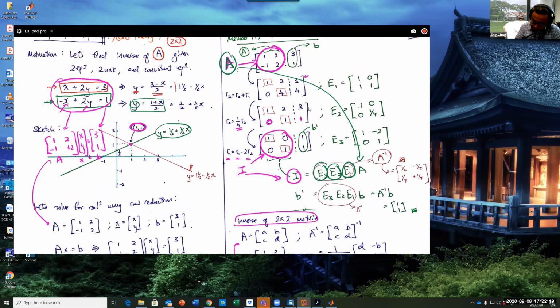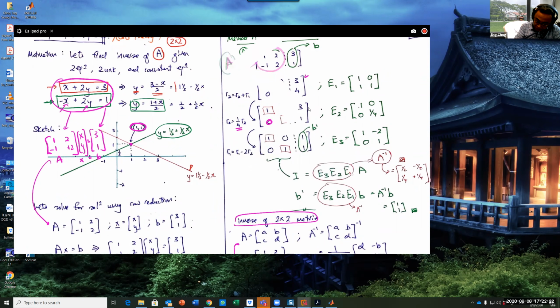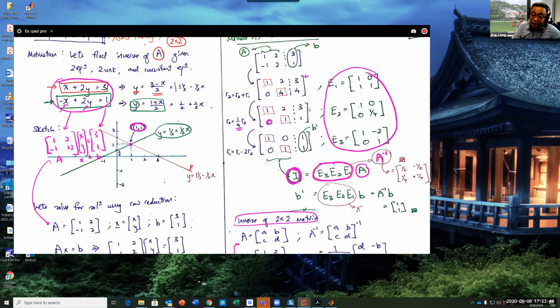Now, once you have done this, there's an interesting takeaway: the identity is here, this is A, and therefore these three grouped together are A⁻¹, the inverse, because that's the property of the inverse. The inverse multiplied by A will be identity. So you can also find the inverse of the matrix using E3 multiplied by E2 multiplied by E1, but it's very painful, of course.